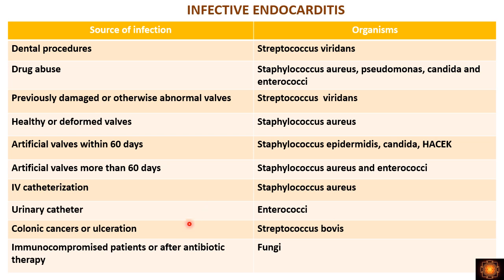Colonic cancers or ulceration, then infection can occur with Streptococcus bovis. And in immunocompromised patients or after antibiotic therapy, it can be because of fungi. So these are the specific organisms which are the etiological factors of infective endocarditis from particular sources of the infection.